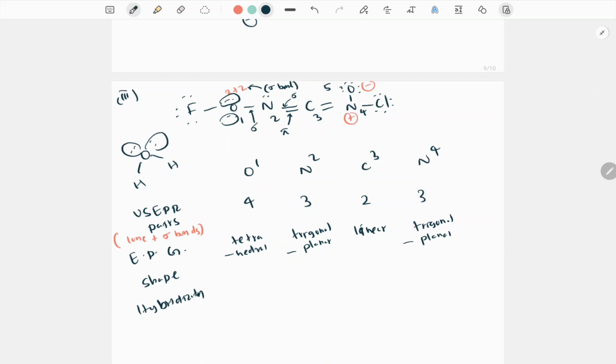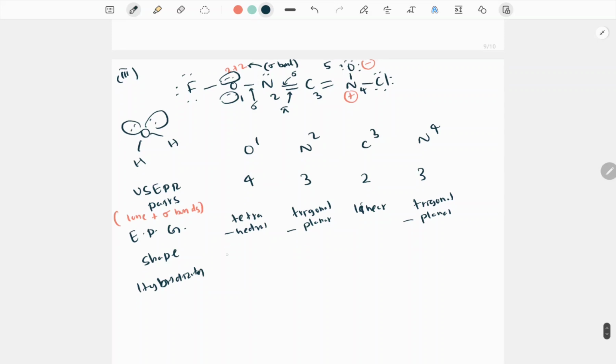We know the shape of this one would be angular, also called V-shaped or bent. Around this N2, it's again angular. For C3, since there are no lone pairs, the electron pair geometry will be equal to the shape. Then the shape will be linear. N4, the same thing. It will be trigonal planar here.